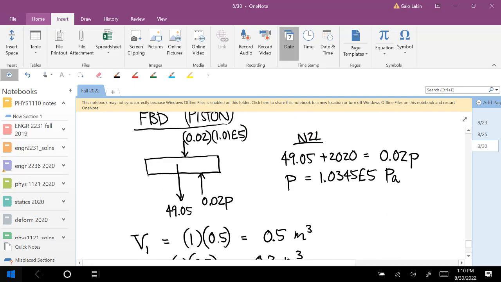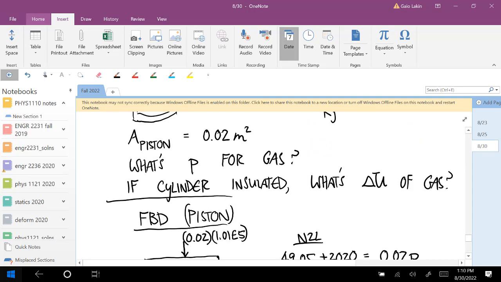Because I said that the cylinder is well insulated. And so insulated means that there can't be any heat transfer with the surroundings.